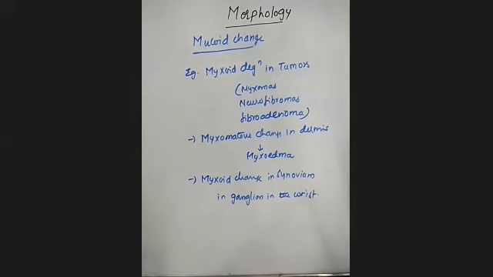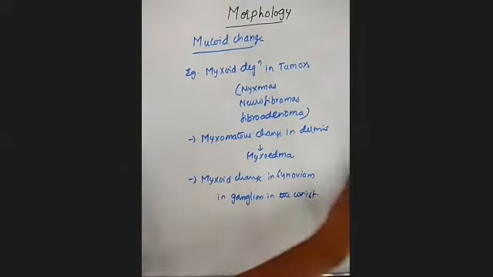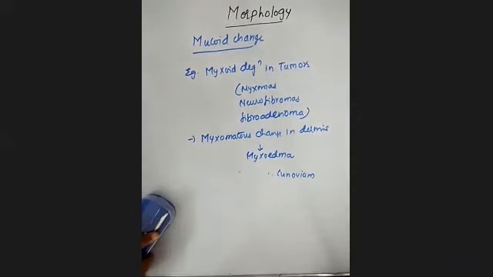Is it clear? Myxoid degeneration is observed in tumors, and myxomatous change in the dermis, mainly in the skin, and in the wrist ganglion also you will observe this type of change. This is what you will call the mucoid change.